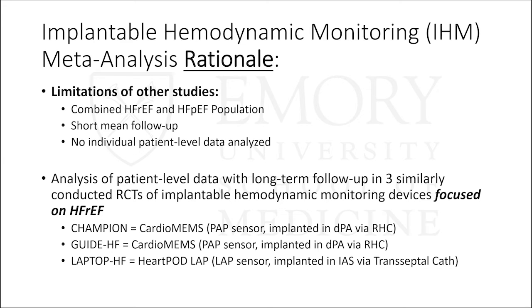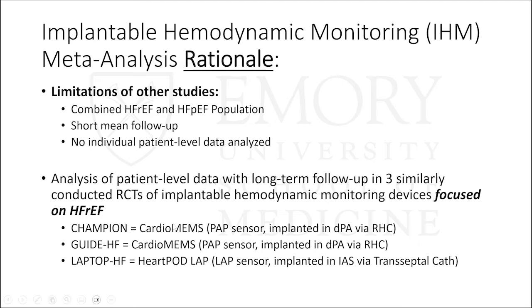They also wanted to expand follow-up. So they were able to do a survival analysis at 24 months. And then they picked these studies in particular because they were able to get patient-level data, which was not available for, say, for instance, the Monitor HF study. And that is why that one was left out.